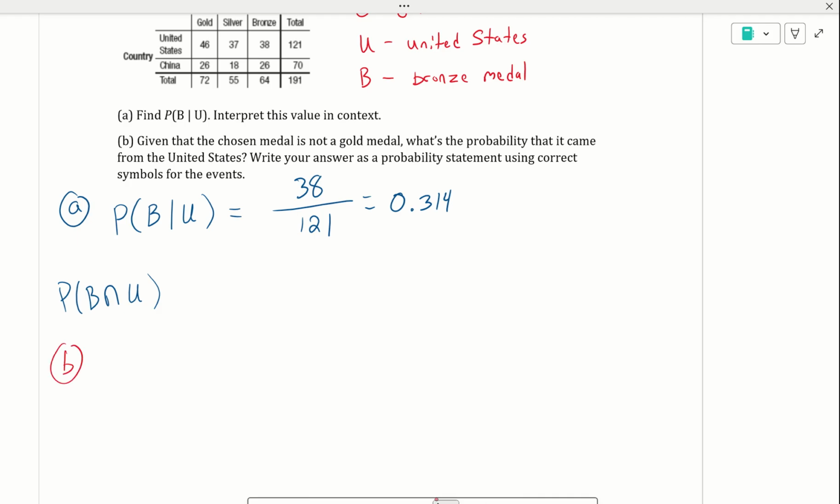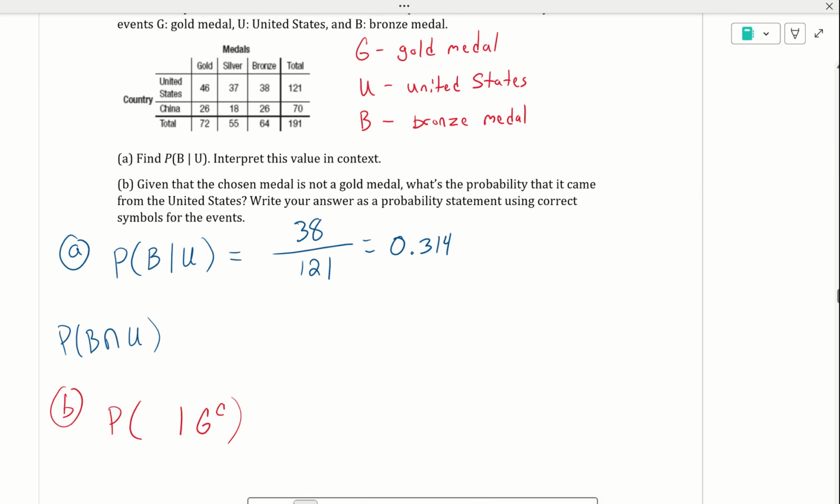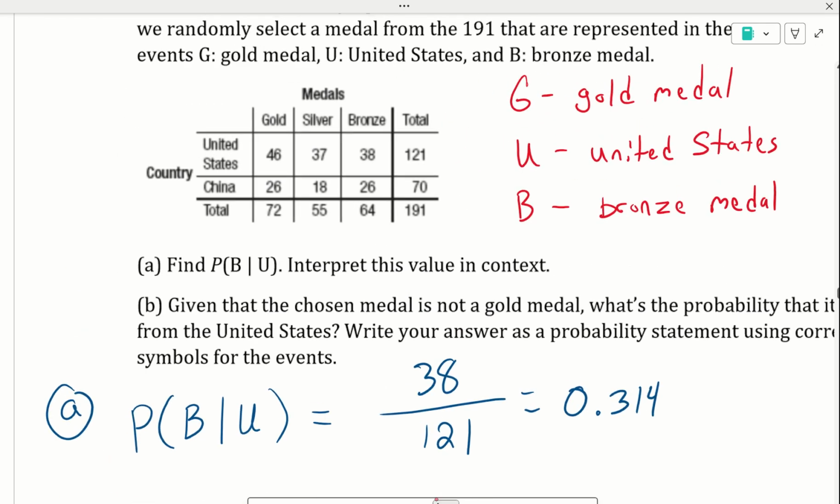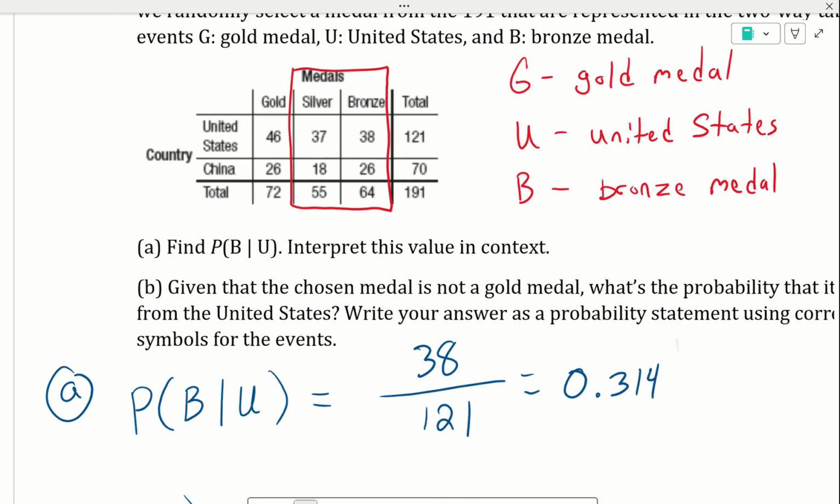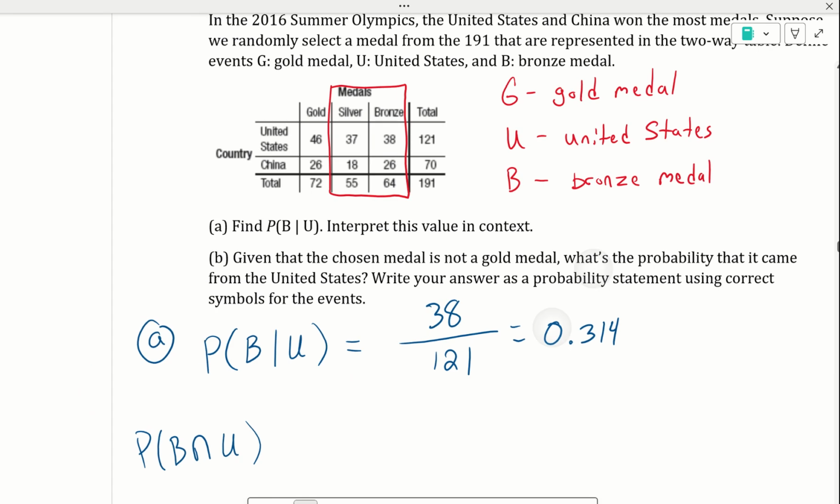B, given that the chosen medal is not a gold medal, so how can we represent that? Well, we're going to be finding a probability here. Given that the chosen medal is not a gold medal, so not a gold medal is the complement of a gold medal. So let's think about what medals are not gold medals. So as we look up here, we're talking about the silver and bronze medals. Those are the ones that are not gold medals. So we're focusing our attention there.